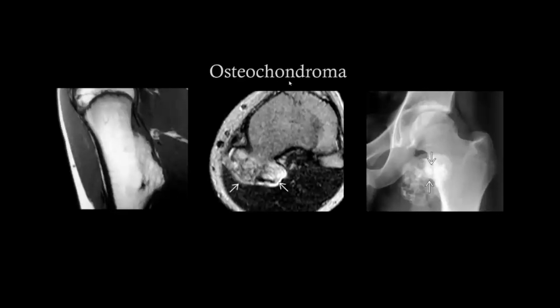Here it is osteochondroma, which emerges from the metaphysis away from the joints, not toward the joints. It can present as sessile or pedunculated, but the most important feature is the medullary continuity.